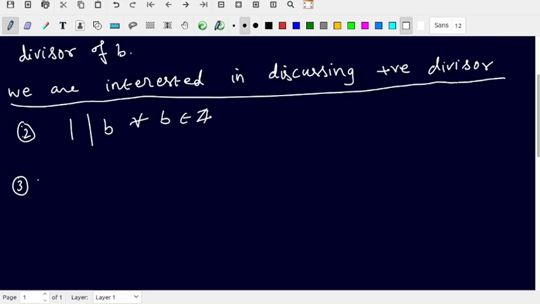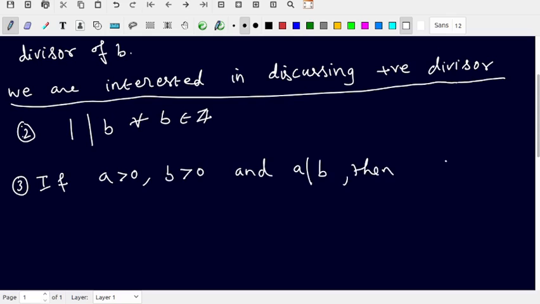Third one: if A is positive, B is positive, and A divides B, then A is less than or equal to B. A is positive, so it is a number greater than or equal to 1. So while we are trying to find all positive divisors of B, we will get only finitely many positive divisors.